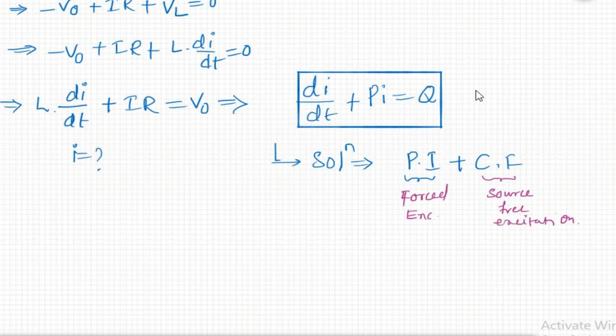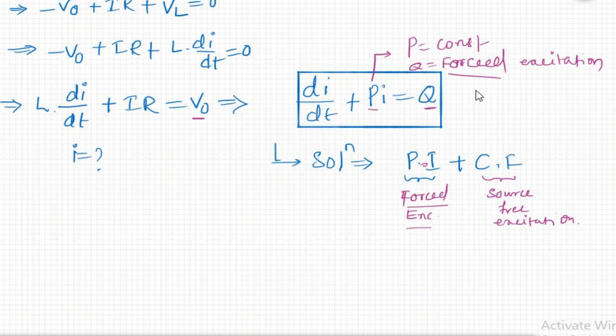Here P is a constant, and Q is the forced excitation in the circuit equation, which is nothing but our V naught, the source voltage.